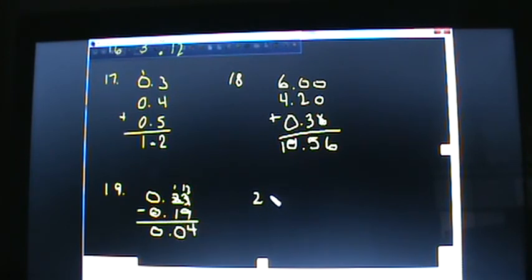And 20. It's 0.4 times 0.12. Okay, so since I have two numbers, three numbers, I'm going to put the three numbers on top to make my multiplying a little bit easier.